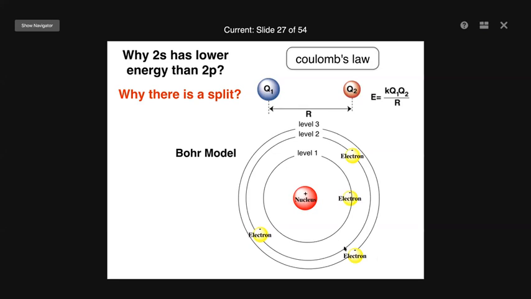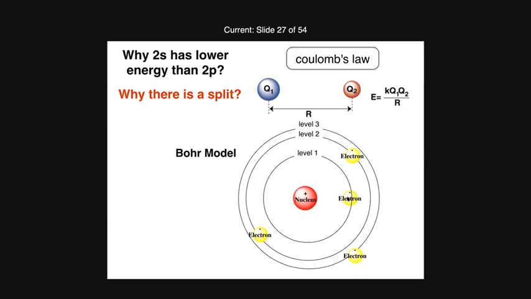For the one that is further, the distance is greater, so the attraction force will not be as strong as the closer one. You can think about this like a relationship: dating someone who is closer versus dating someone who is further away. The closer one would have a stronger interaction. That's kind of how I understand this.